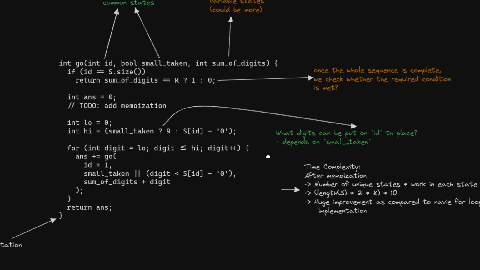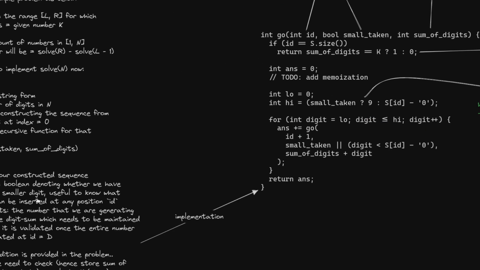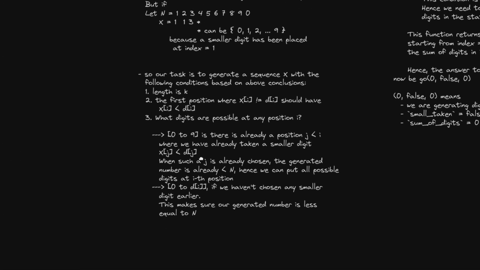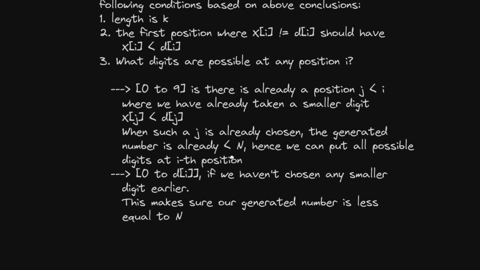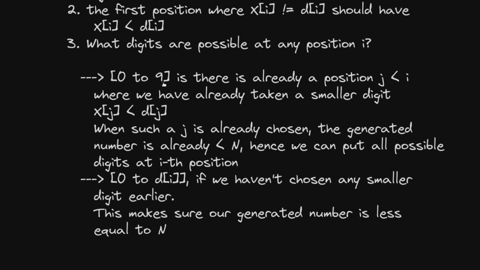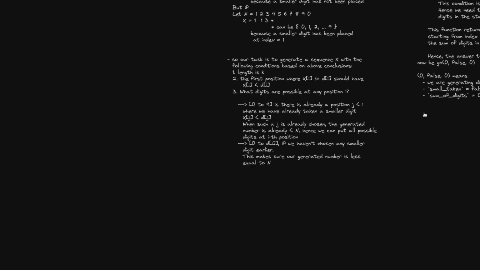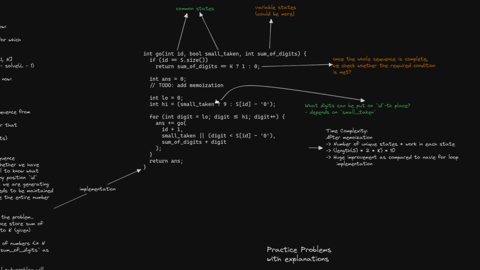And so now this condition denotes what all digits can be inserted at the position id. As you can see, whatever we concluded here is reflected in the code. So it will be 0 to 9 if a smaller digit is already taken, else it will be 0 to the ith digit. I have written it as it is.